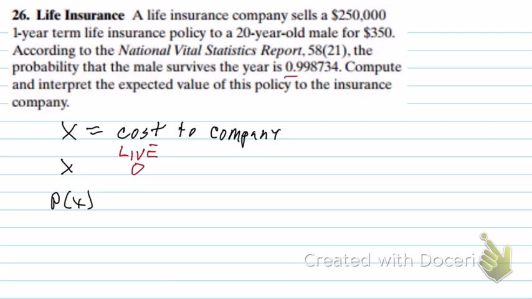Well, it tells us up here the probability of a 20-year-old male living for a year is that. So that's going to be 0.998734. Yeah? If this guy dies, what does it cost the company?